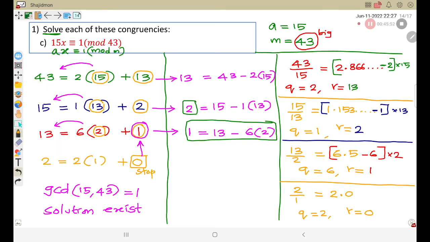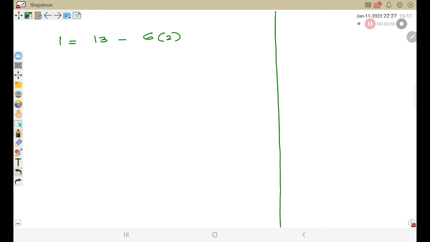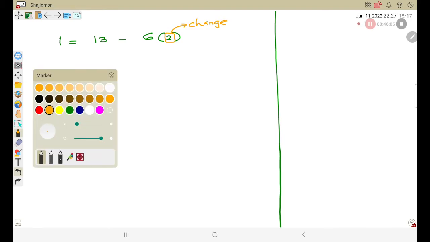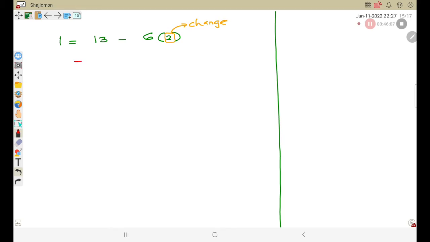So for 2, what do we need to use? 15 minus 1 multiplied by 13. So this 2 number we need to change. So equals 13 minus 6, using the closed bracket, 2 means 15 minus 1 multiplied by 13.